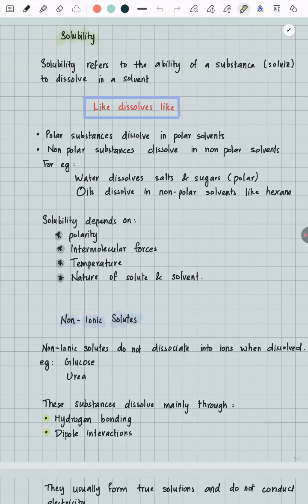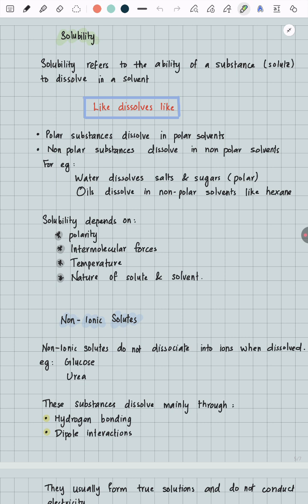This happens because similar types of intermolecular forces can interact effectively. For example, water, which is a polar solvent, dissolves salts and sugars, while non-polar substances dissolve better in organic solvents. Solubility depends on factors such as polarity, intermolecular forces, temperature, and the nature of both solute and solvent.